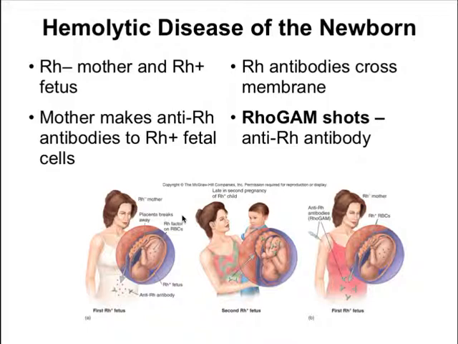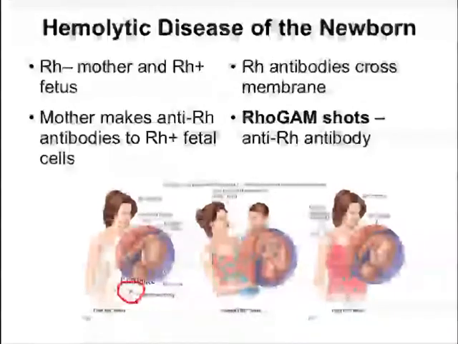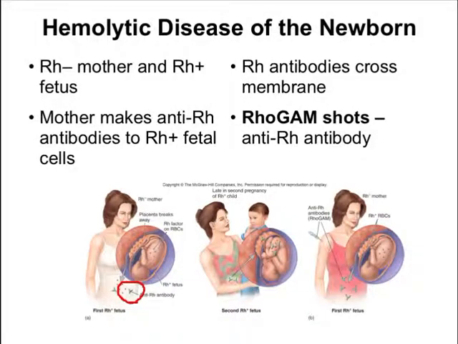However, at the time of birth, we then have the mixing of the maternal and fetal blood. This also can occur during miscarriage. Now the mother has been exposed to the Rh positive antigen, and she will make antibodies to the Rh factor, which this time around is no big deal.